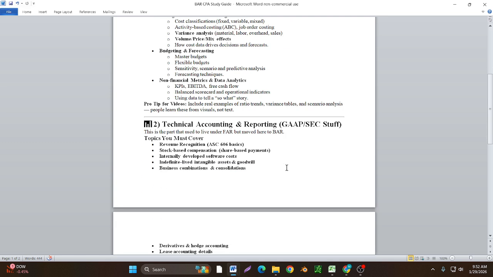Section 2, we got technical accounting and reporting, which is the advanced GAAP portion, and this is roughly 35 to 45% of the exam. This includes technical accounting topics like revenue recognition, stock-based compensation, goodwill and intangible assets, internally developed software, business combinations and consolidations, derivatives and hedge accounting, lease accounting, and employee benefit concepts.